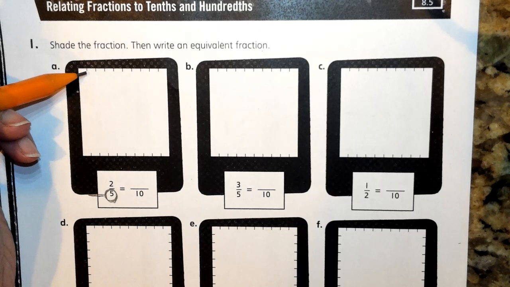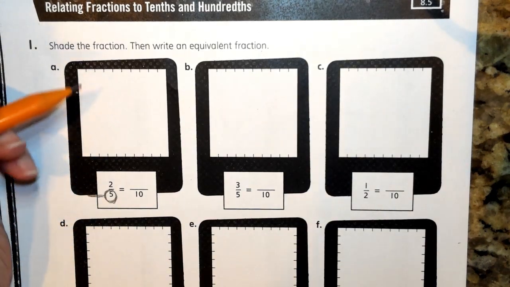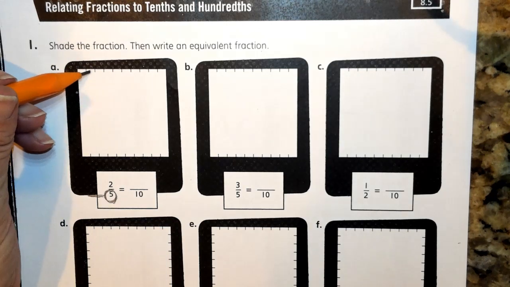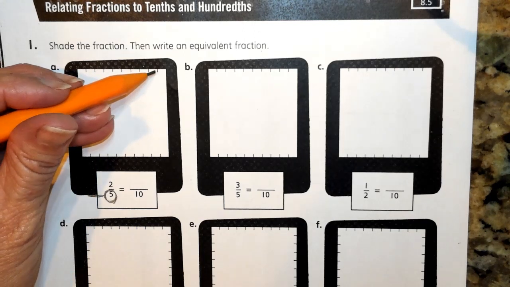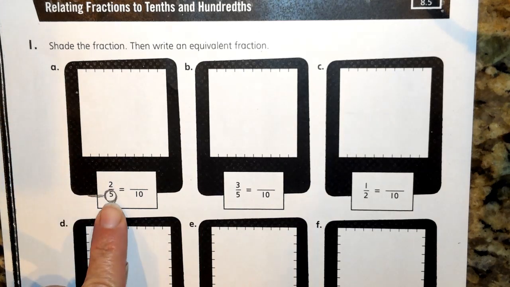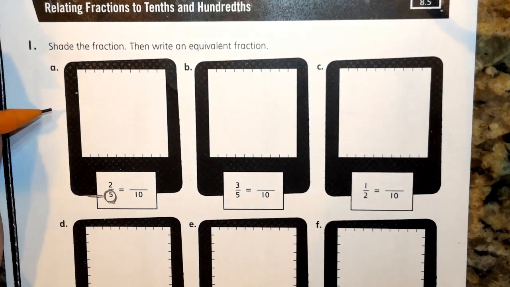I do see that they have some markings here that will help me cut this easily. So I'm going to count the spaces. This is 1, 2, 3, 4, 5, 6, 7, 8, 9, 10 equal spaces. But my denominator is only 5. So if I think about taking the number 10 and only cutting every other part, that will give me 5 equal spaces. Let's see if that works.